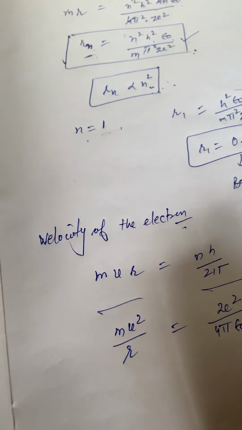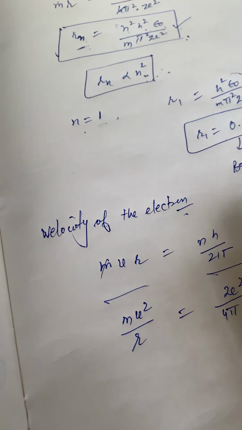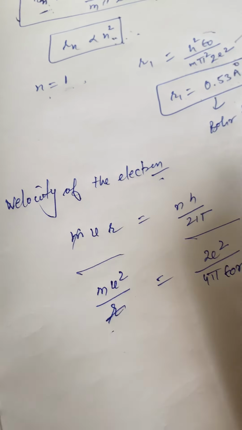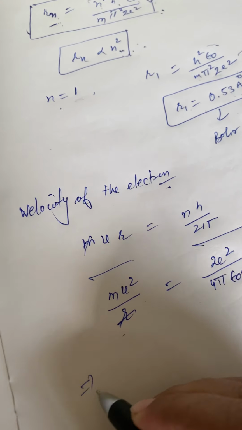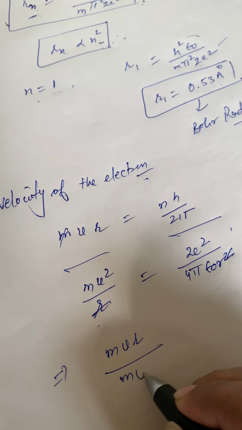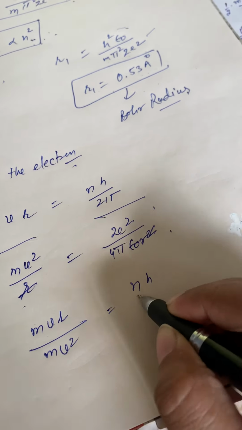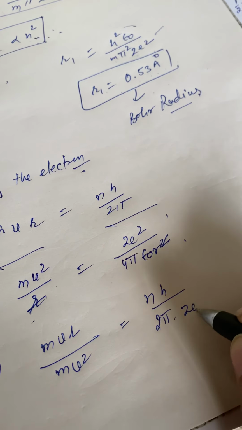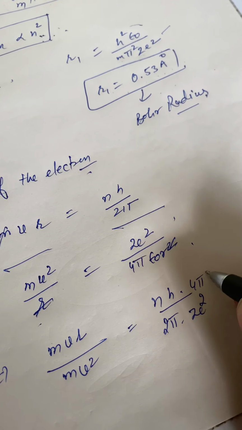On dividing these equations, m will be cancelled here, r gets cancelled here, mvr divided by mv square is equal to nh divided by 2 pi, Z e square divided by 4 pi epsilon naught.